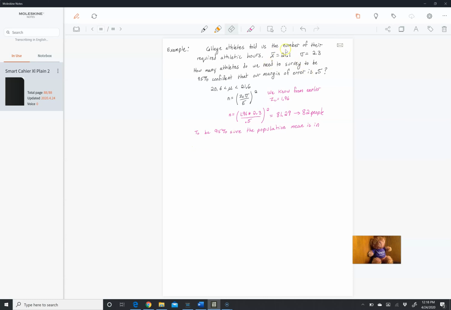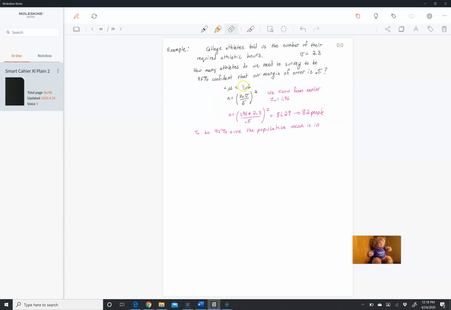Because remember that our X bar is 21.1 after asking 40 people, okay? So this X bar is irrelevant. So I'm actually going to take it out. Okay, and I'm actually going to take this out too, because again, it's irrelevant.